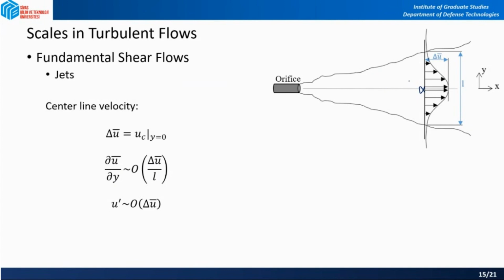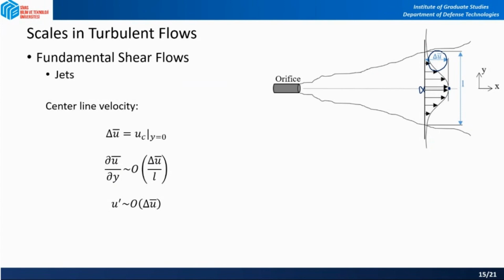Outside the jet, the velocity is around zero, and it increases to a maximum value at the center, and then it decreases again to zero.